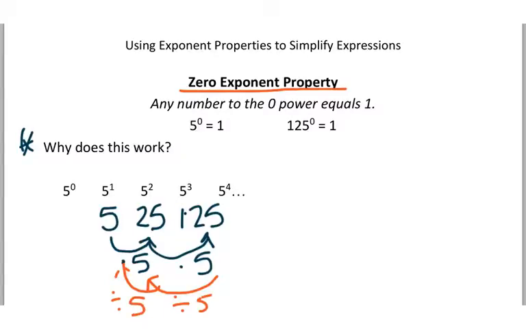When you go back to 5 to the 0 power and you divide this by 5, you get 1. That happens in every single pattern. So if you see a number to the 0 exponent, you're going to understand that that equals 1. Write down the property, write the definition, and write one of the examples so you understand.